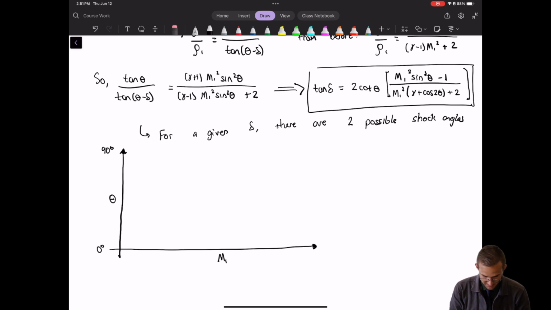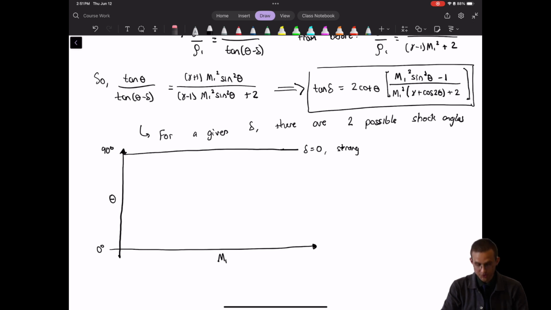So if delta is equal to 0, we get the following, where it's straight across the top. That's the normal shock. So what we're saying here is that if you have 0 deflection angle, one of your solutions is the following, where you have delta equals 0. Okay. And then this is what you call the strong shock limit.